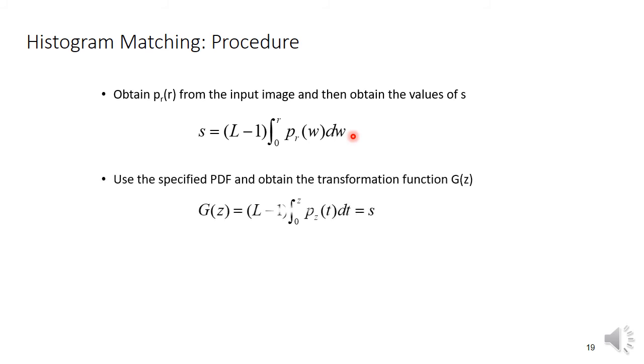We also use a specified PDF, obtained by applying the transformation function G(z) with this equation. Now we have to map from s to z, and this mapping function is actually the inverse transformation upon s, which gives us z.